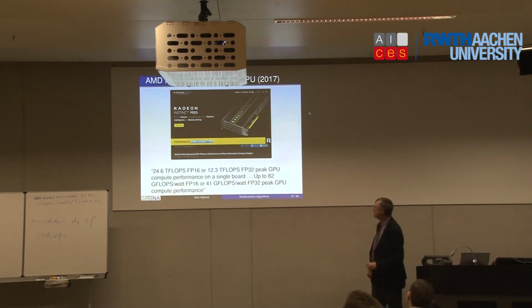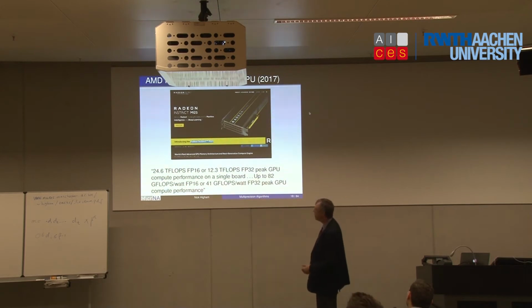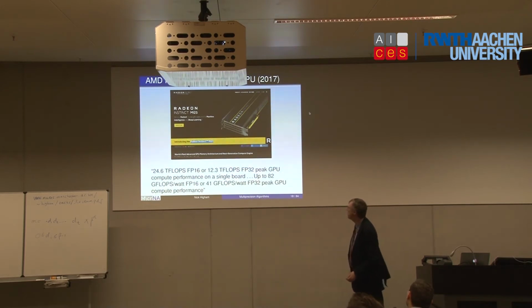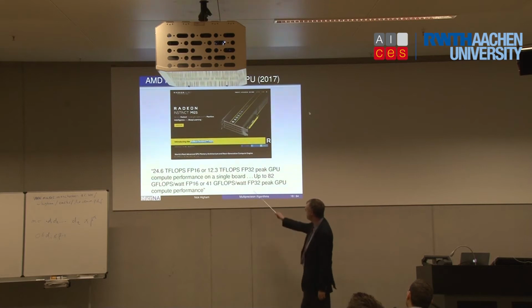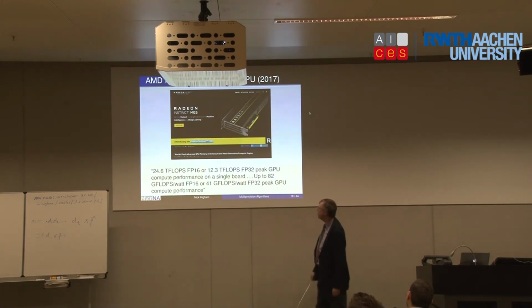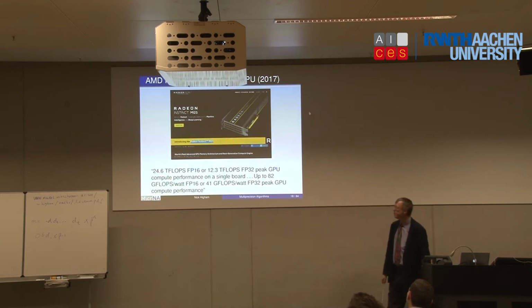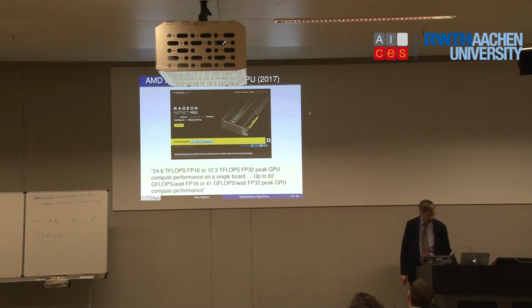They're quoting 24.6 teraflops of FP16 performance, and this is exactly twice the performance for single. So you're getting twice the throughput compared with single precision, and of course less power usage. AMD also have that now.